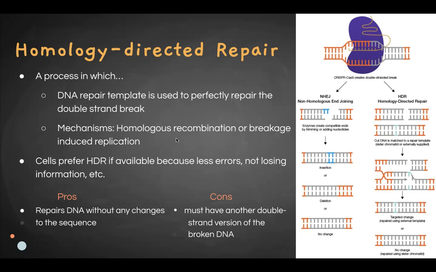So when there's a whole other copy of the double-stranded DNA, it'll cut the DNA and use it as a template to fill in these gaps where there are double-stranded breaks, and it can repair both sides of the damaged DNA perfectly because it has this homologous sister chromatid or externally supplied double-stranded DNA.